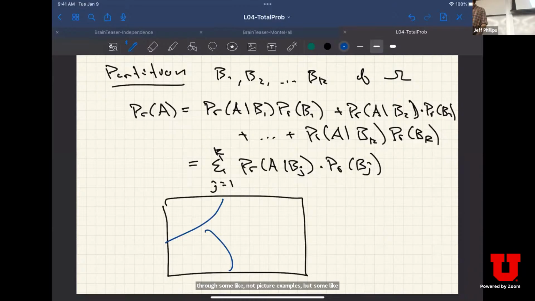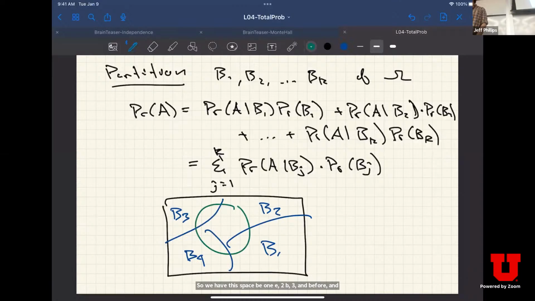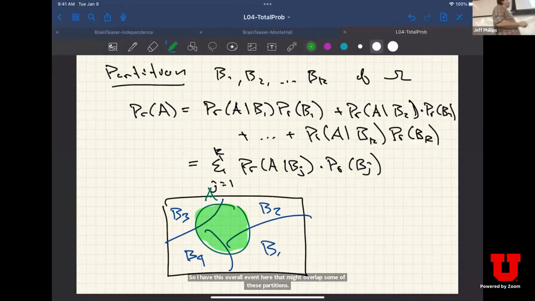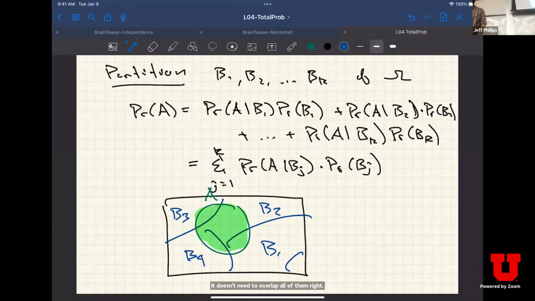So we have this space, B1, B2, B3, and B4. And then I have an event A, right? So I have this overall event here that might overlap some of these partitions. It doesn't need to overlap all of them. I might also have B5, and it does not overlap B5, okay?